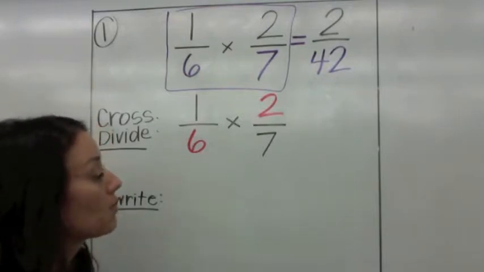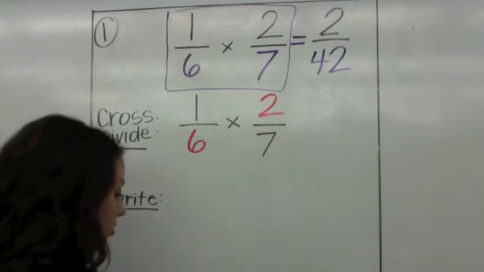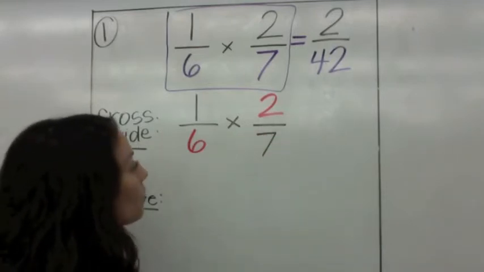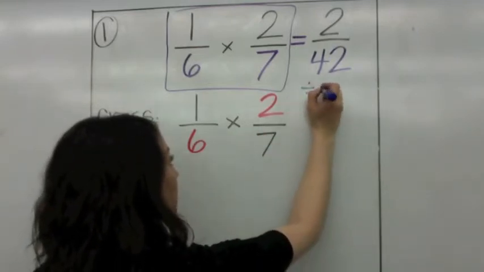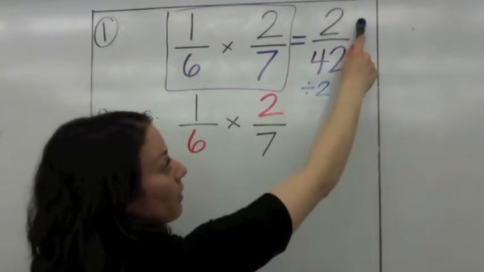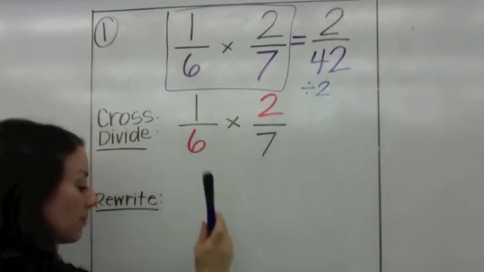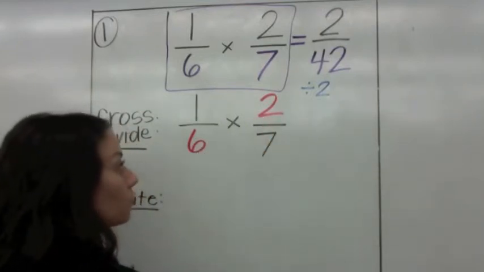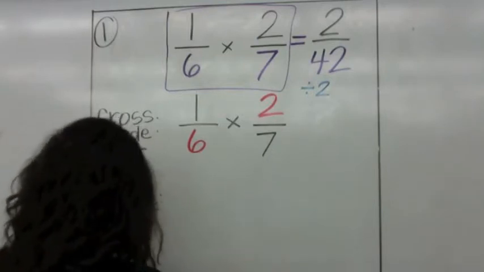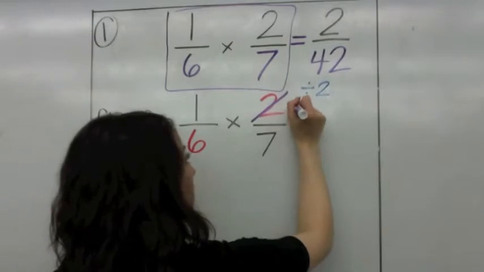No. Because 1 and 7 are both prime and they're both odd numbers. But 6 and 2 you could divide by what? You could divide by 2, right? So instead of saying 2 divided by 2 and 42 divided by 2, we're just actually looking at this numerator and this denominator. What is 2 divided by 2? It's 1, right? So we're going to cross it off and write a 1.